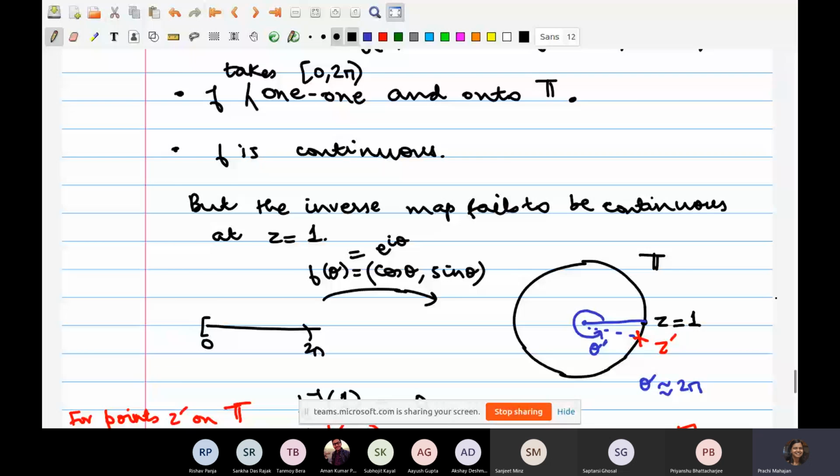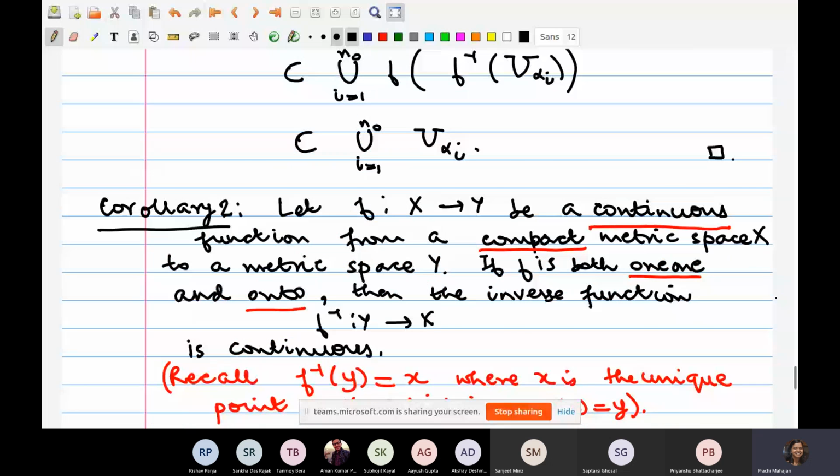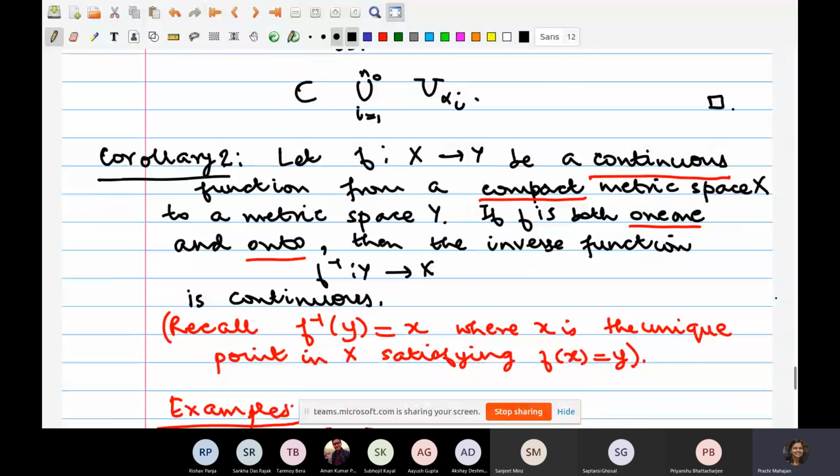Here it is. So compactness of Y is something which follows as a consequence. The assumption is only that X is compact. The fact that f is continuous and X is compact implies that the image of X under f is compact, and since f is onto in this case, that would imply that Y is compact. Is that okay?